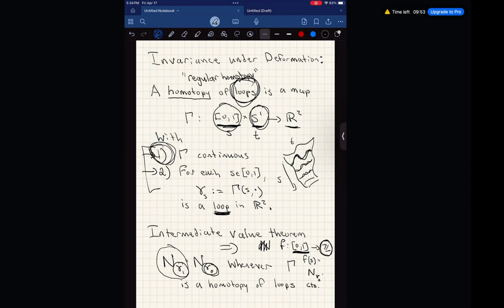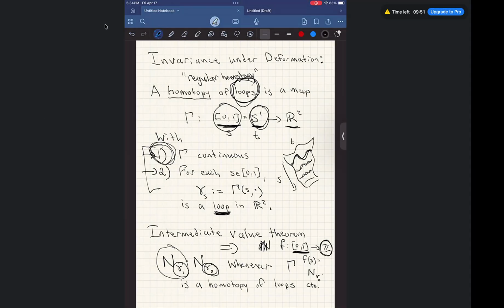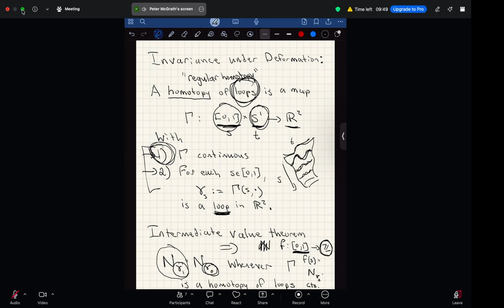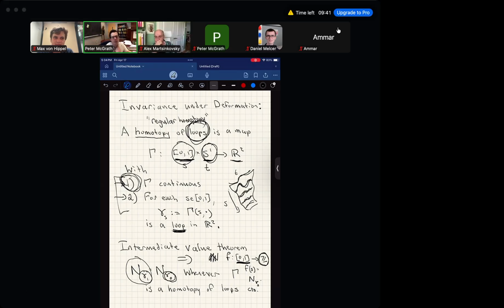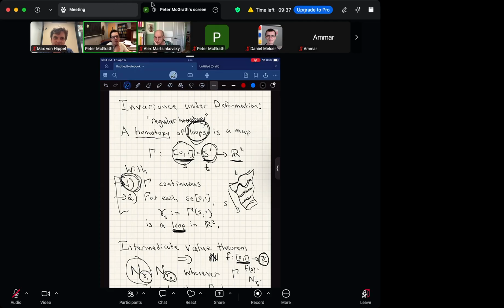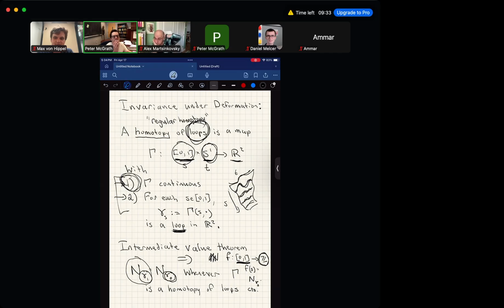So for example, if in this continuous family my rotation number was 1 at some parameter and then -5 at some other parameter, the intermediate value theorem would say that this function achieves every real number between -5 and 1.